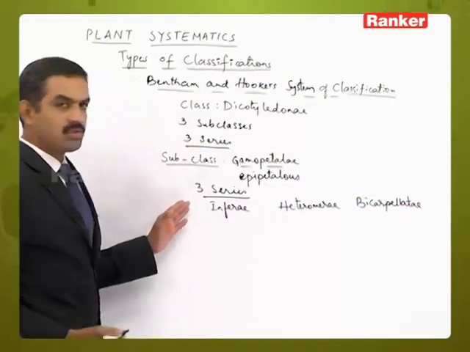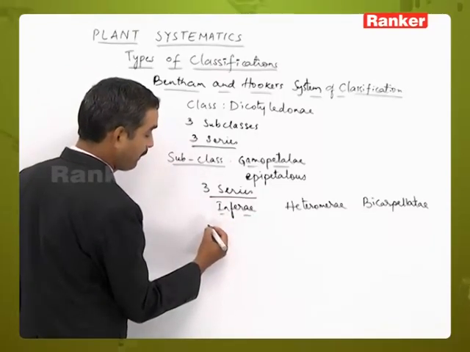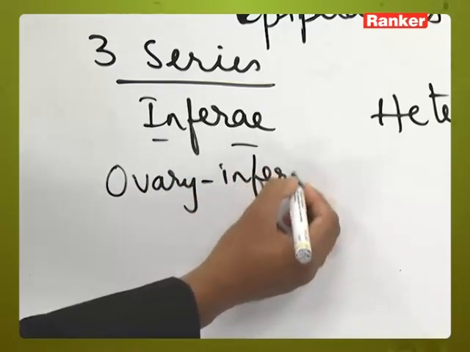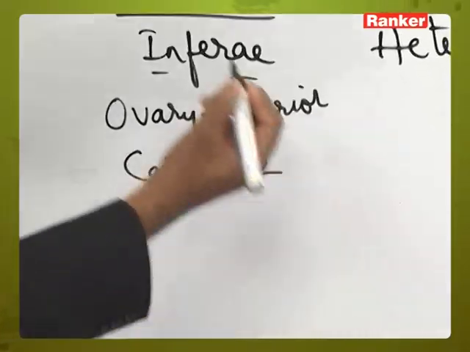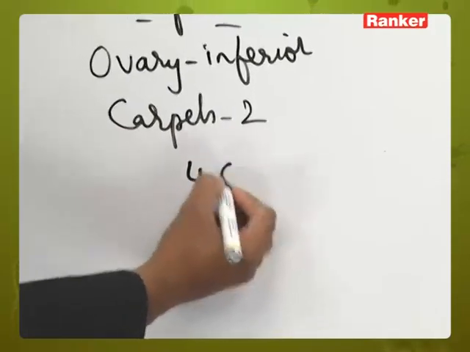So let us see the characters of inferae. Here the name inferae means the ovary is inferior and carpels are 2 in number, that is 2 carpels are present, and under inferae there are 4 cohorts.